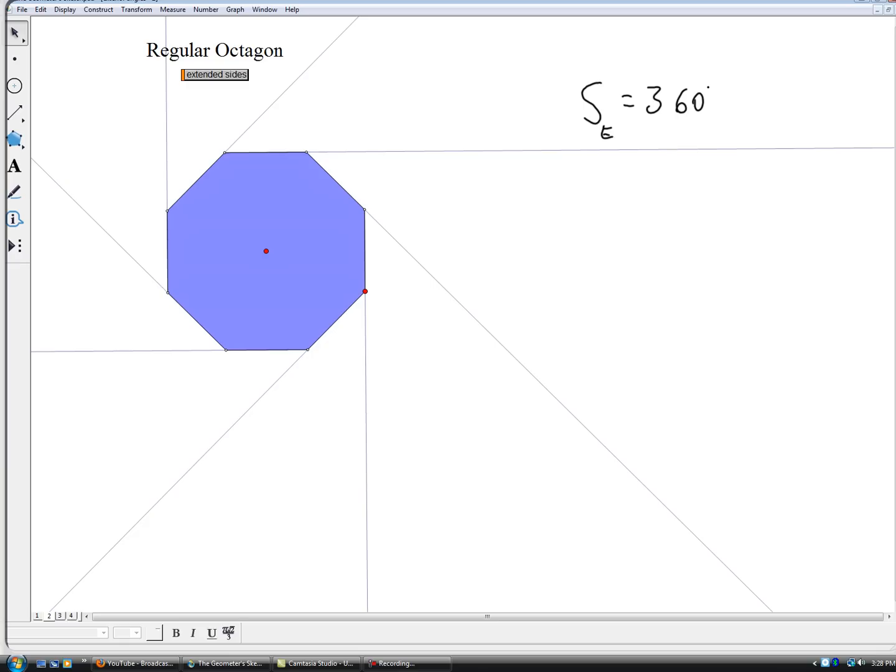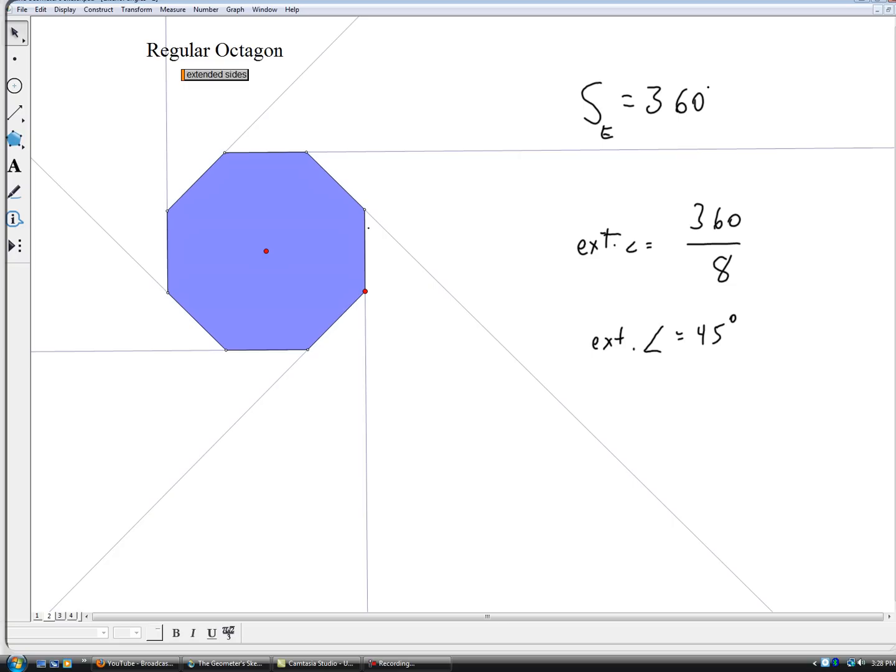This is an octagon. So if I want a single exterior angle, I'm going to divide this by 8. Each vertex will yield one exterior angle, one interior angle. So 360 divided by 8, who's good at math? We get 45 degrees. So that is one exterior angle.